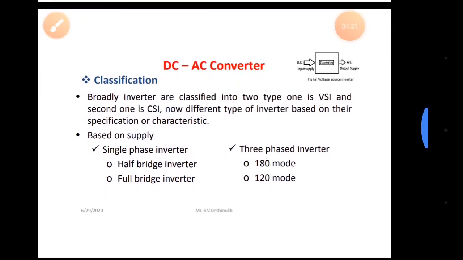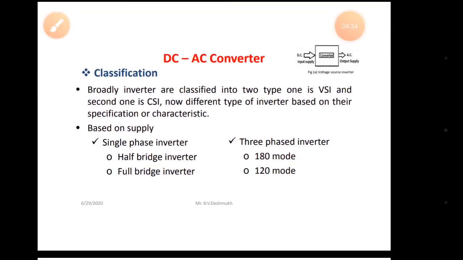Some classifications of DC to AC converters. Broadly, inverters are classified into two types: voltage source inverter and current source inverter. Now, different types of inverter based on their specifications or characteristics.